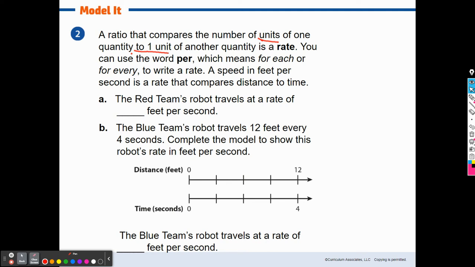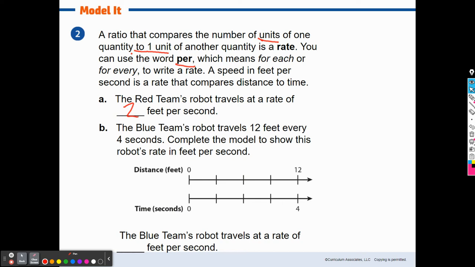That is a rate. You can use the word per, which means for each or for every, to write a rate. In speed, feet per second is a rate that compares distance to time. So we're talking about our speed, right? The red team's robot travels at a rate of, well, we just did that one, right? We said 2 feet per second, all right?